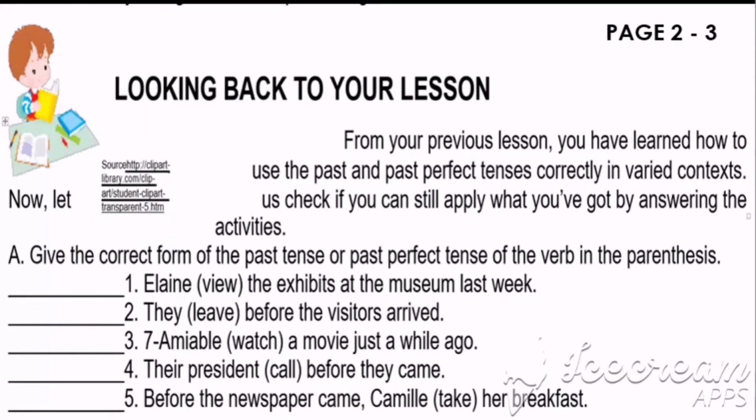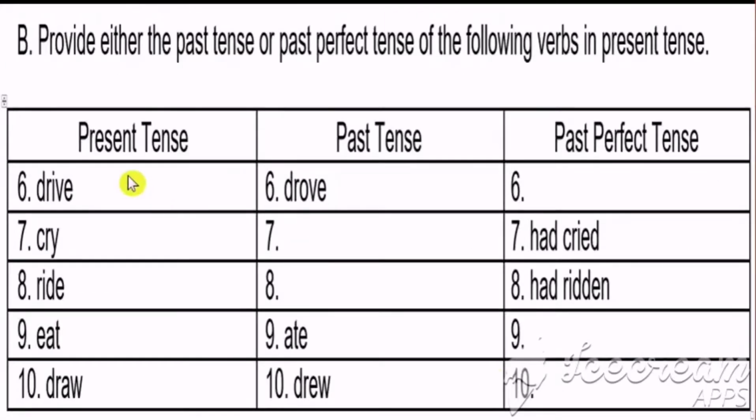Okay, number 6 to 10. On letter B, provide either the past tense or past perfect tense of the following verbs in present tense. So provide what is being asked in each item.